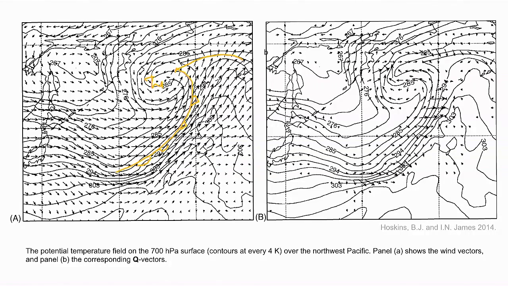But let's highlight one or two of these Q vectors. They're large there, and they're effectively zero out there. In other words, I would anticipate rising motion through here, and I'd anticipate sinking motion through there. Rising motion ahead of the front, sinking motion behind. That's not a big surprise.